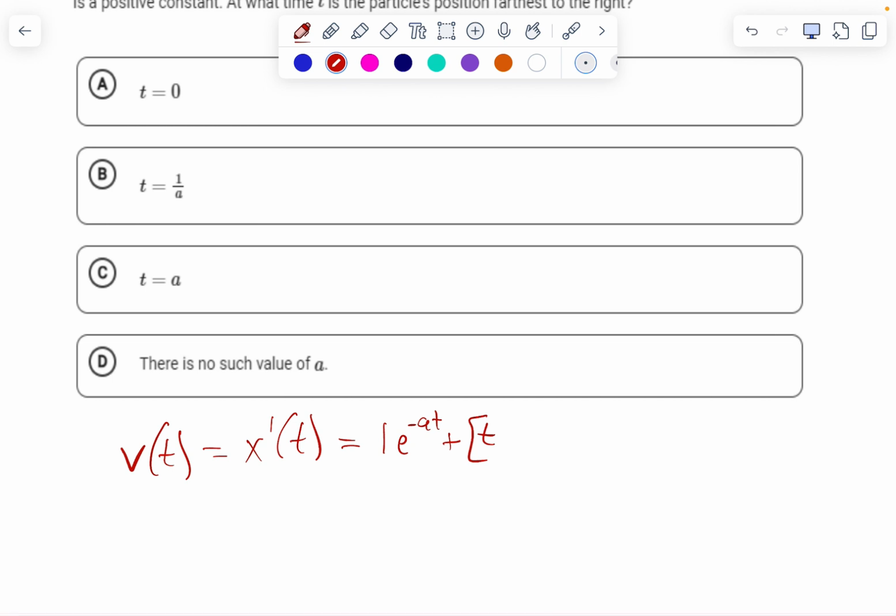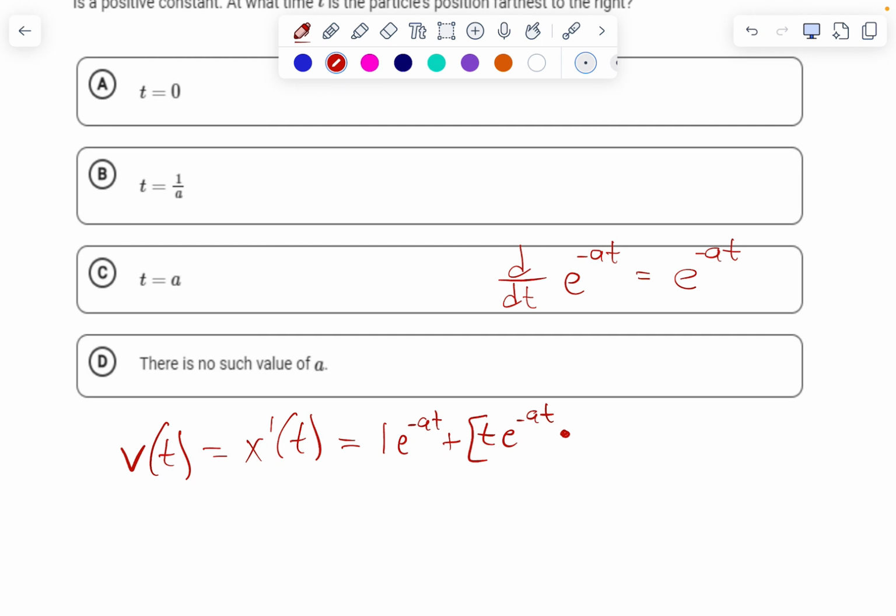Everybody clear on where we're headed? So f is just t. What's the derivative of the outside function e to the negative at? So e to the negative at times, now we do chain rule. What are we applying the chain rule to? Negative at, right?